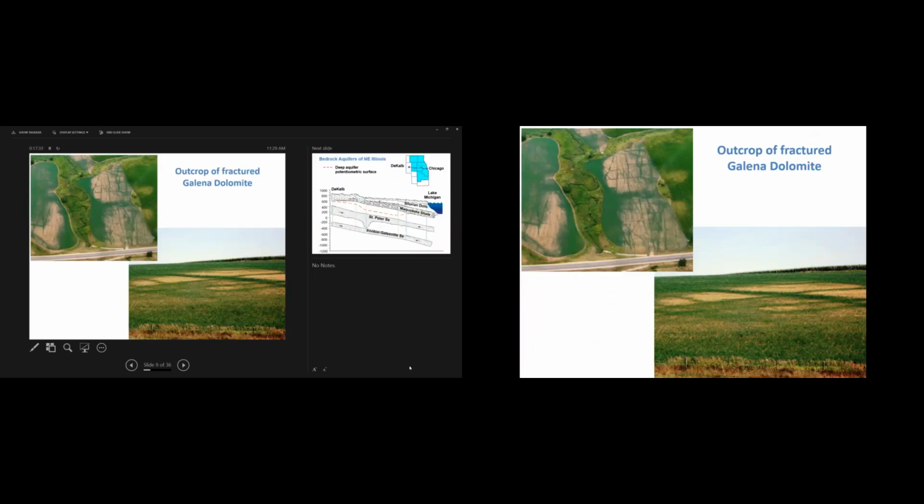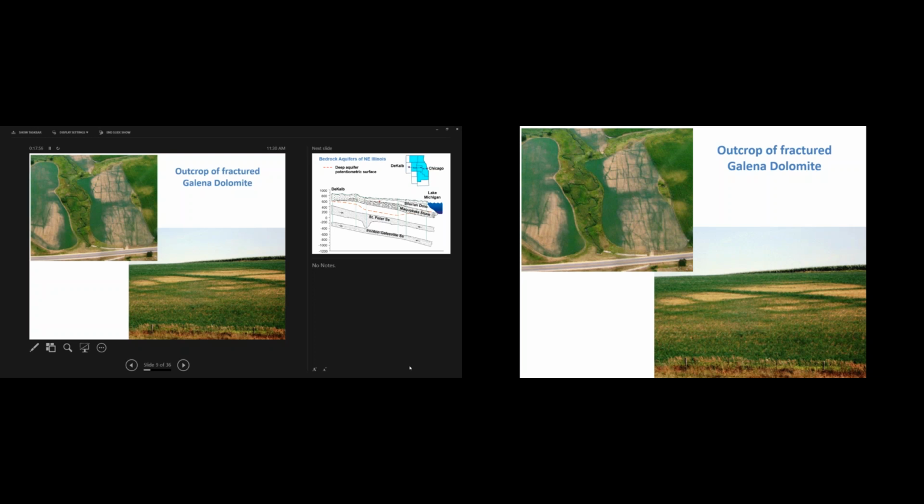So speaking of Sam, these are some pictures he took up near Galena, of the Galena-Platteville, and this was in 2012, I think. This is an alfalfa field. Alfalfa has really deep roots, and so the alfalfa was finding water where there were fractures in the limestone.